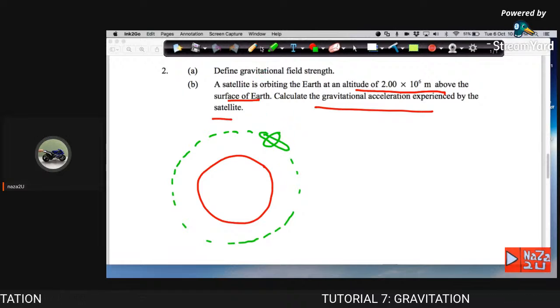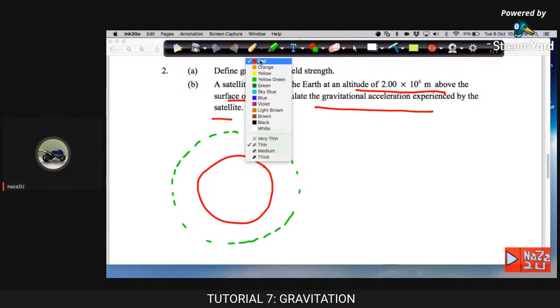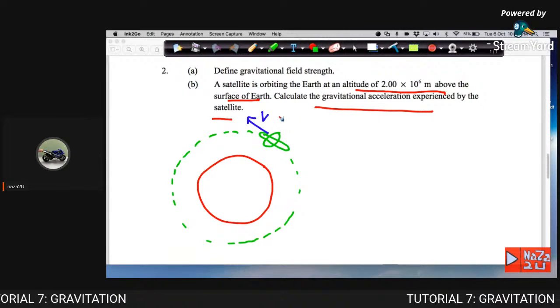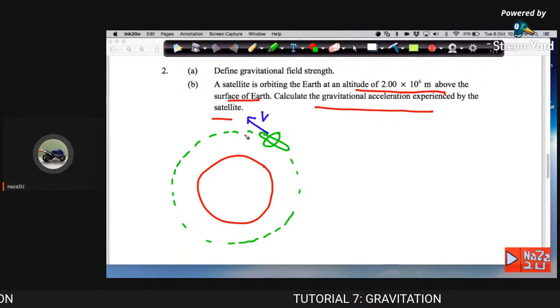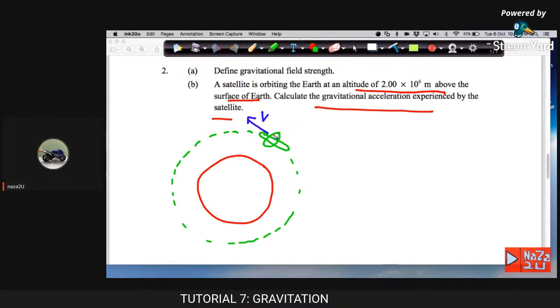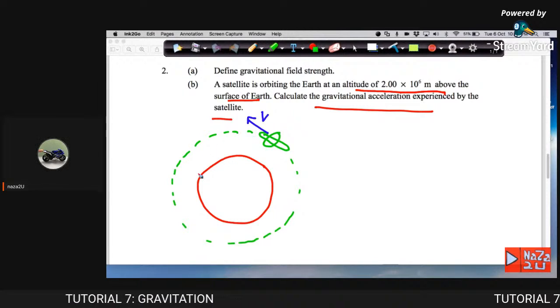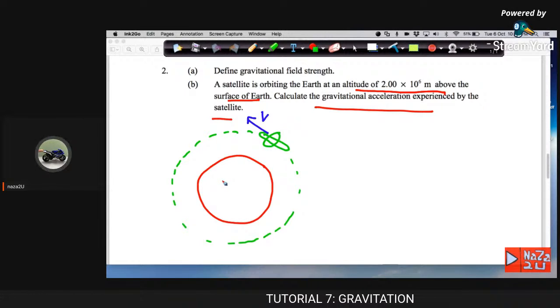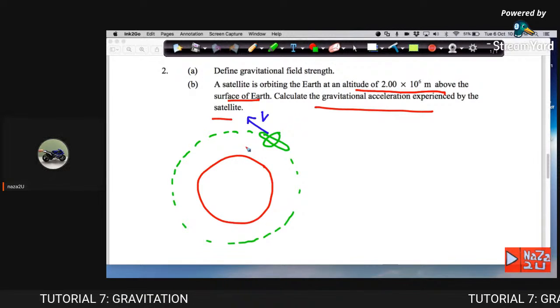So dia mesti ada speed, dia mesti ada velocity, speed of the satellite, right? Dan dia bergerak, dia tidak jatuh ke bawah dan tidak dia lepas ke atas, dia bergerak dalam satu lintasan yang tetap, ataupun kita panggil dia sebagai orbit.